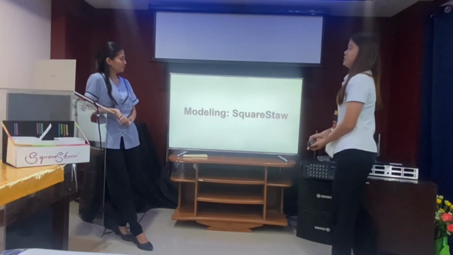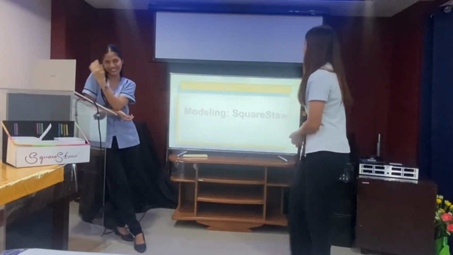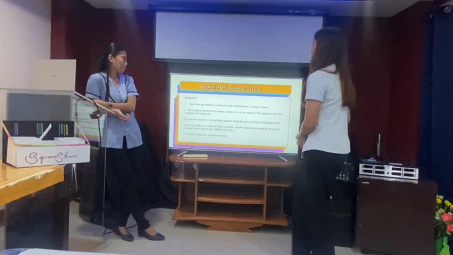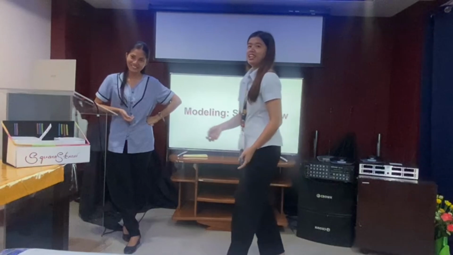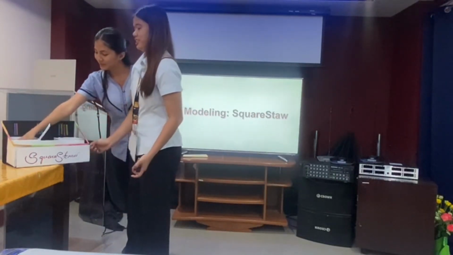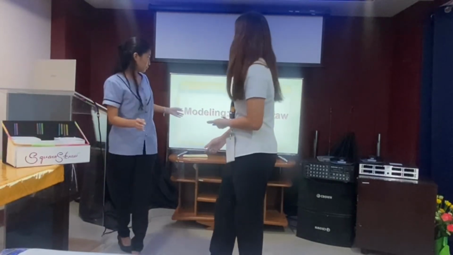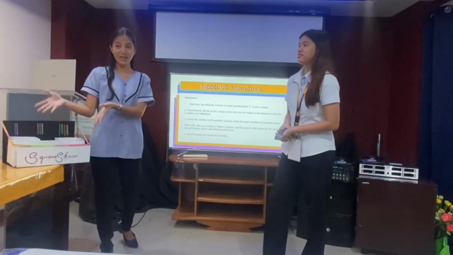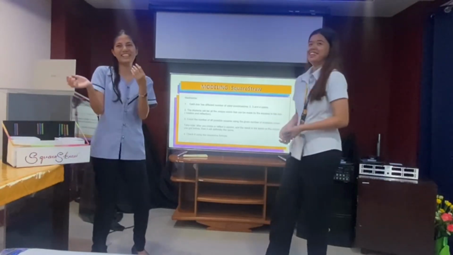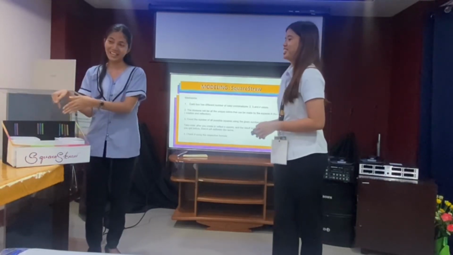Modeling our strong is our square strong. Each box has different combinations of colors: we have 2, 3, and 4.